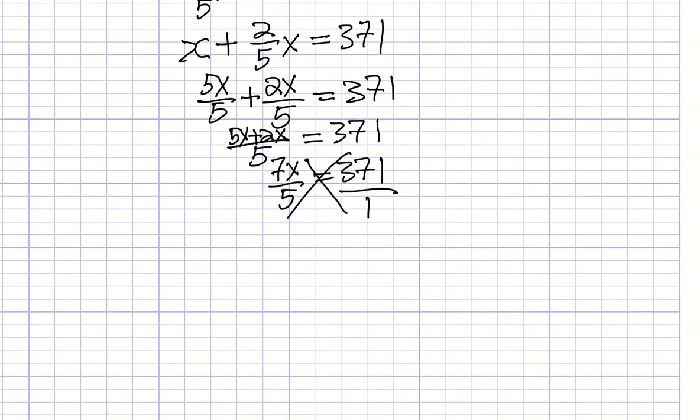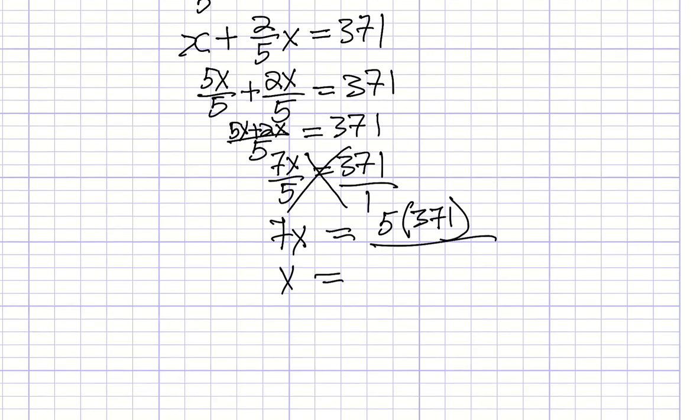You get 7x, because 1 times 7x is just 7x, equals to... Instead of multiplying that, here's what I will do. I take 5 times 371, okay? We'll leave it like that, and then we'll divide both sides by 7, so x is equal to 5 times 371 over 7.